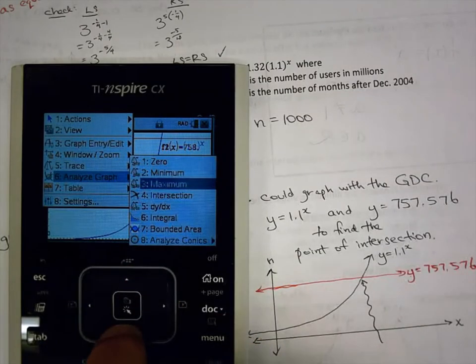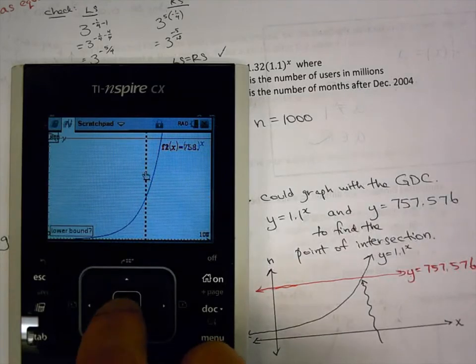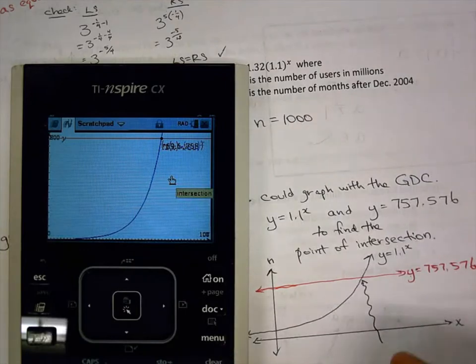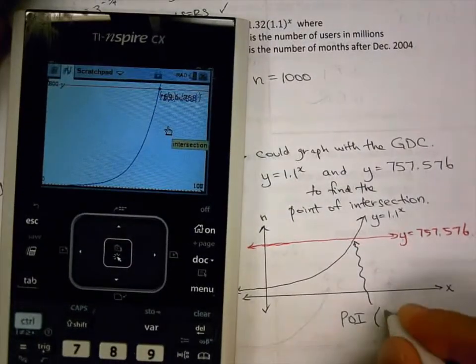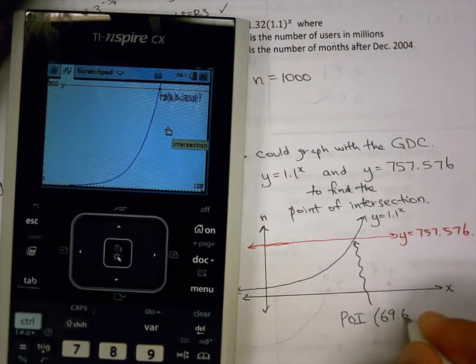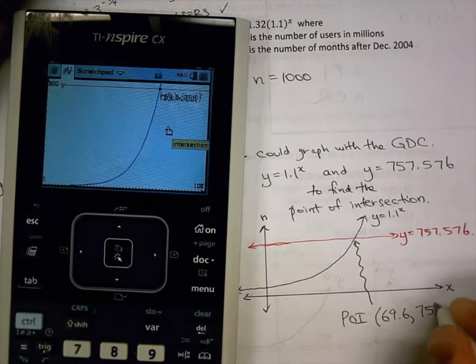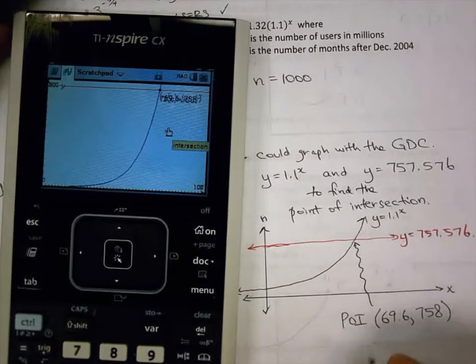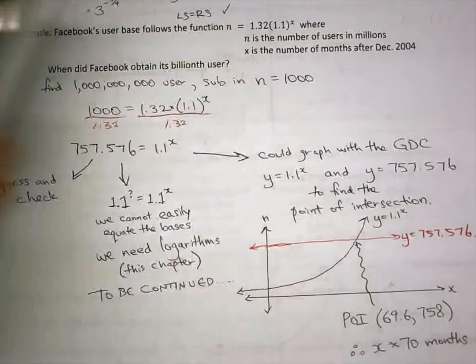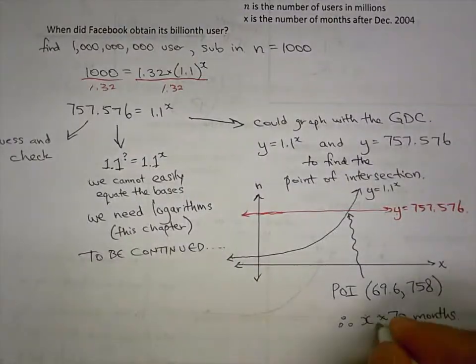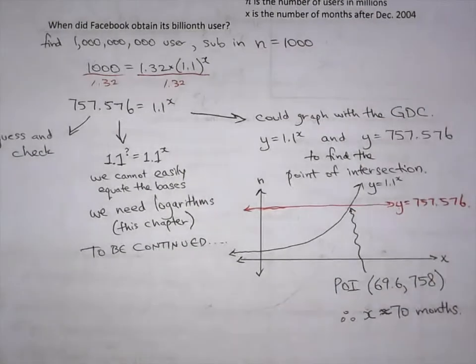Don't worry, I'm going to teach you how to do this. That intersection point is 69.6, comma 758. So therefore, X equals around 70 months. So in 70 months, Facebook got to a billion users. Of course, who uses Facebook anymore?